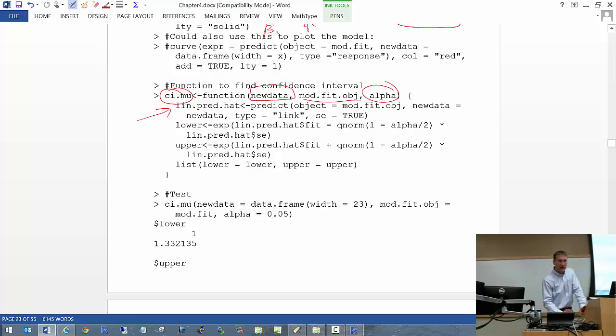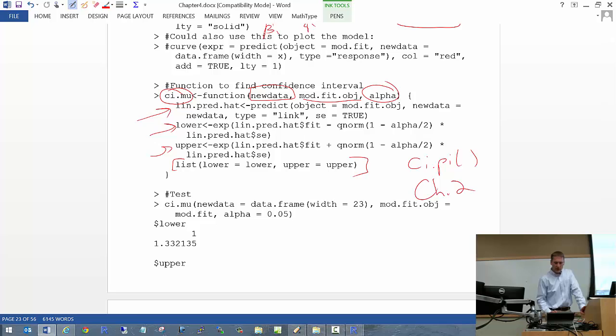First, I estimate the linear predictor part. Then I find the lower bound, upper bound, and I return the results back as a list. This function is very similar to a function called ci.pi that I had written in chapter 2 that we had talked about.